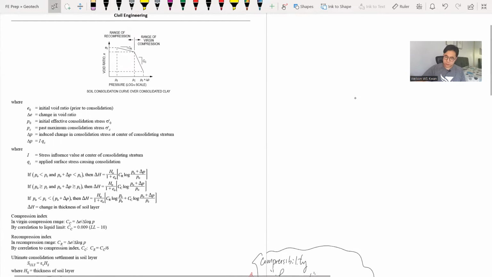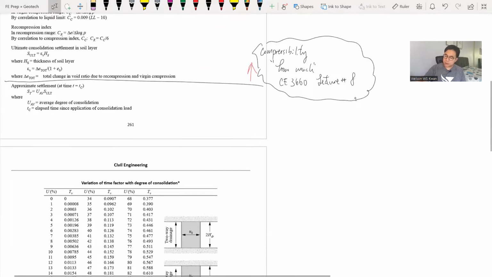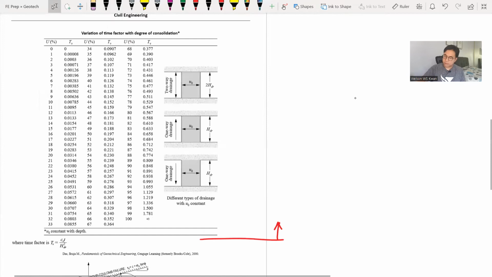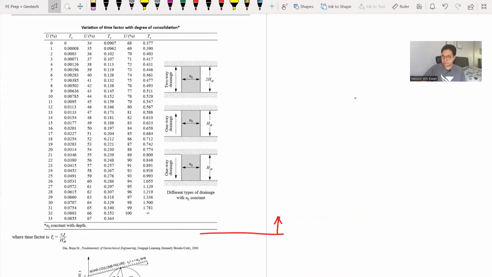So this is the first portion of it, and the second portion of this section is the time rate of settlements, or the questions of how fast does settlement occur in the field, or given a piece of soil element, soil sample, how soon the soil consolidation will be complete.